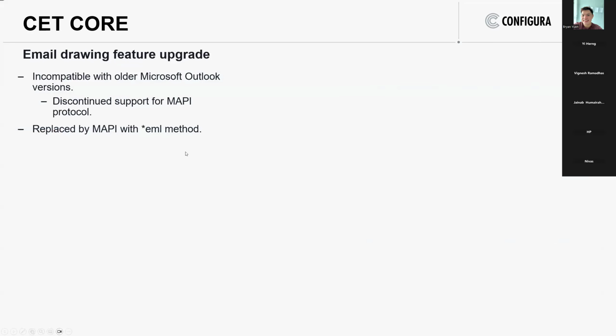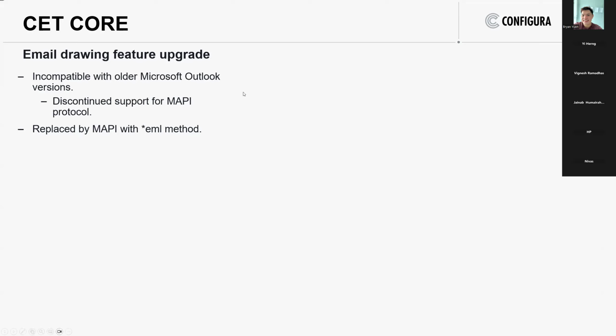Okay, next up we have CET Core. This is related to the email drawing feature. Now, what is this about? The email drawing feature in CET is found incompatible with Microsoft Outlook, specifically in 2024.